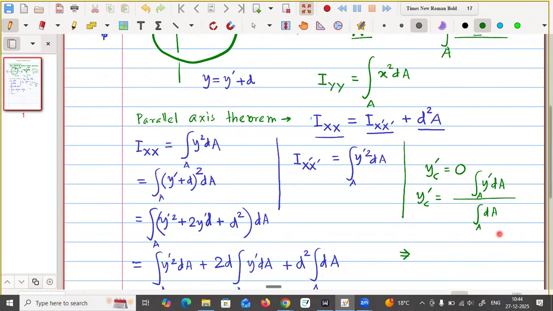Therefore, we can write that y prime dA, this one, the numerator I am mentioning, numerator over the area is equal to yc prime into dA, right? Yeah, you can directly write area exactly without further delay.